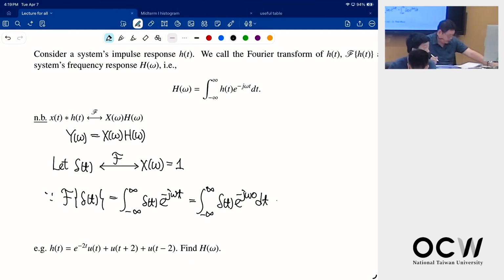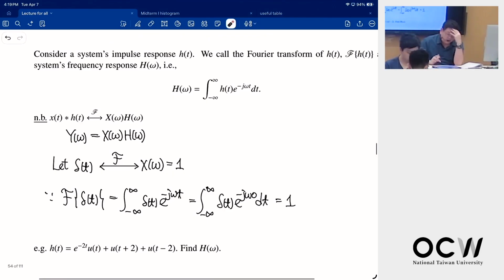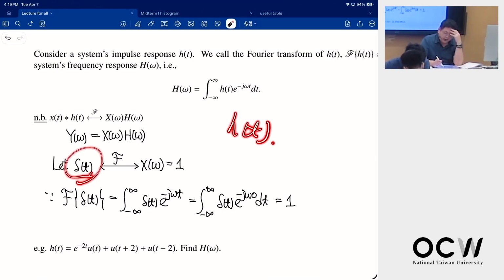So overall that's 1. So in time domain, I send the delta function, I can get the impulse response right away. Similarly, in frequency domain, because the Fourier transform of the delta function is 1, if I send 1, then I get the frequency response right away.